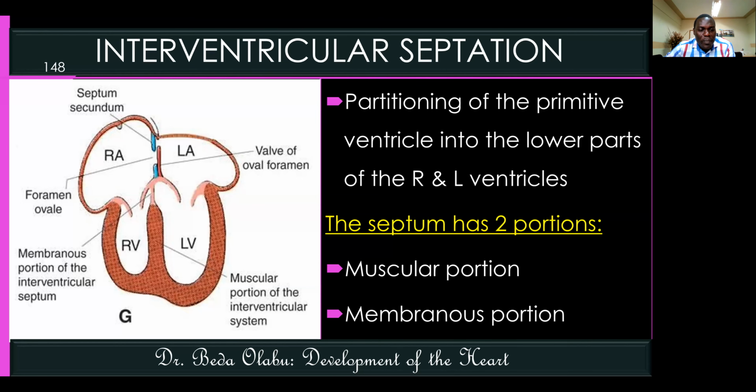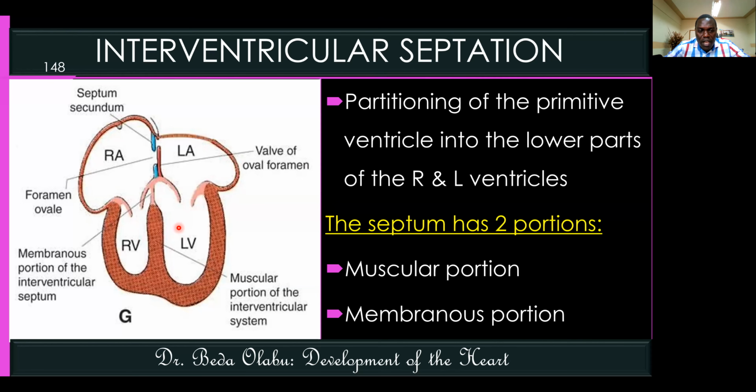So I can see the responses, they are 50-50. What will determine the direction of blood flow is blood pressure. So I have disabled the chat so that we can continue. Before birth, the pressure in the right ventricle is higher than the pressure in the left ventricle.